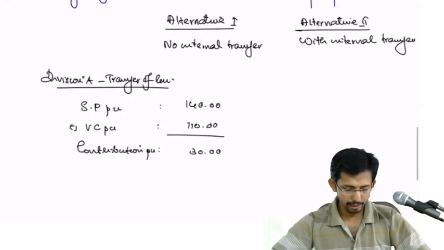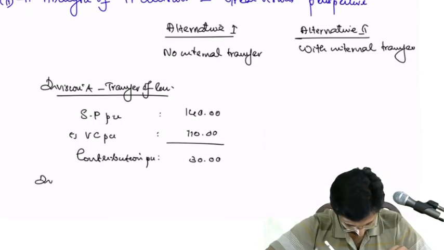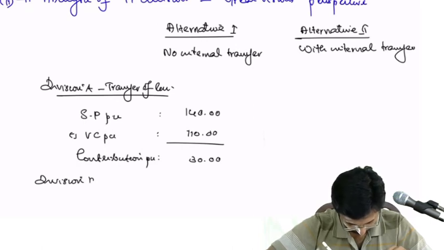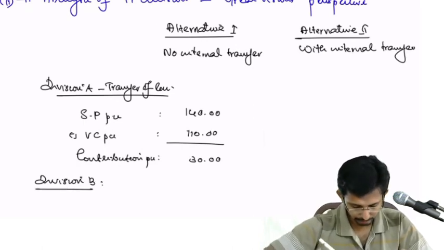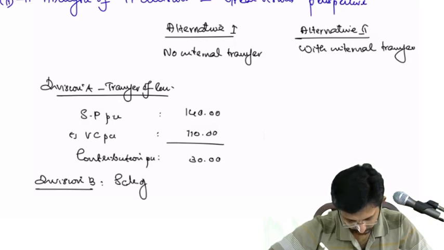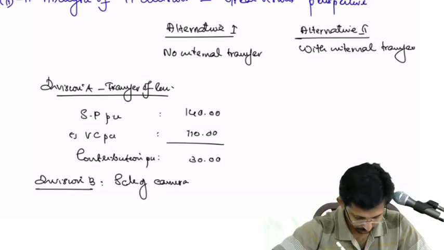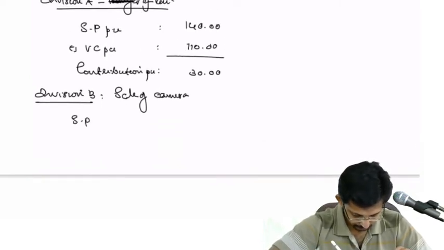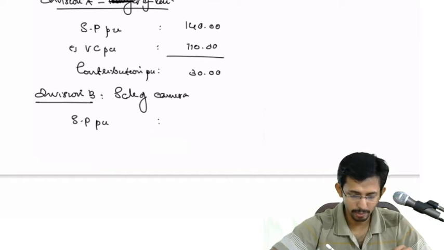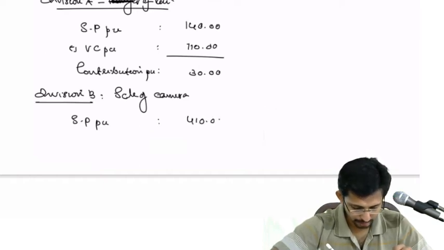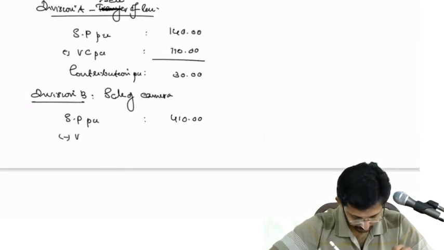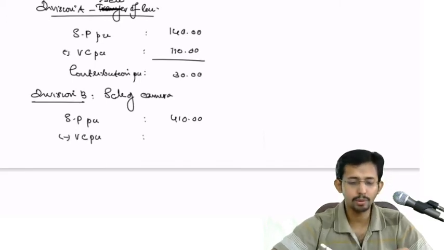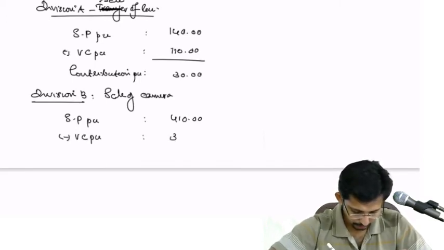Now what will division B do? Division B, sale of camera. It is not transfer, this is sale. What will be the selling price per unit? Selling price per unit will be rupees 410 minus variable cost per unit, which will be 350.